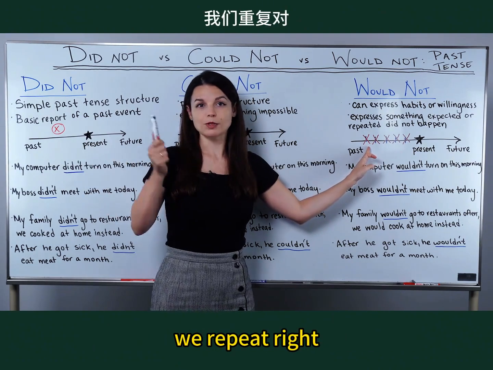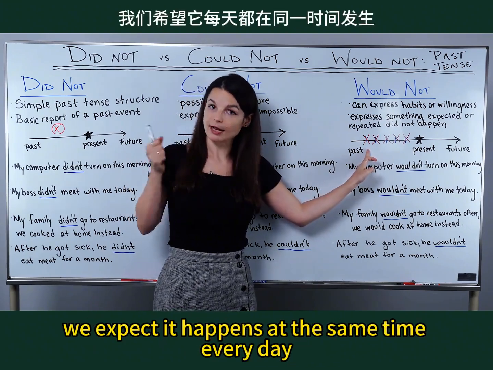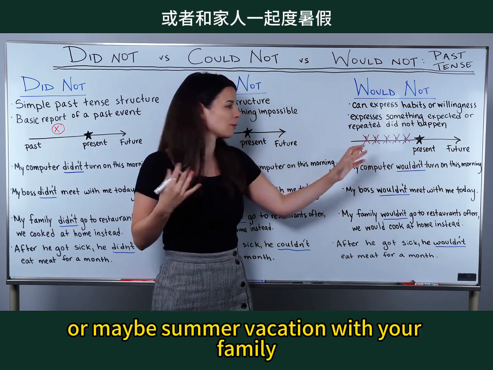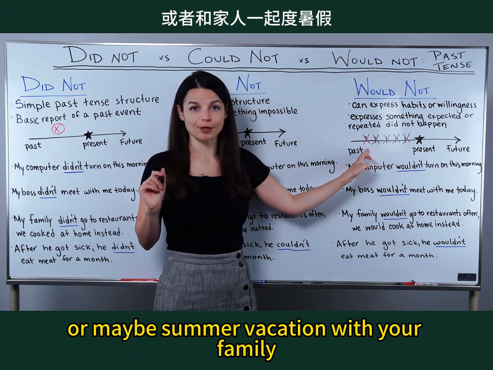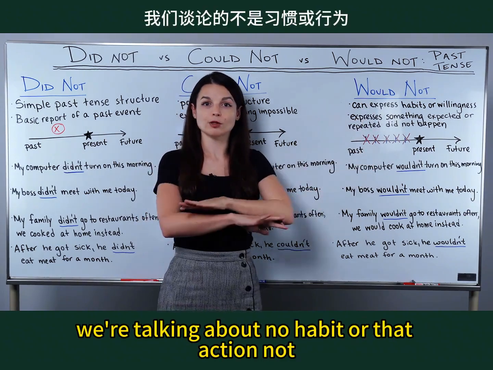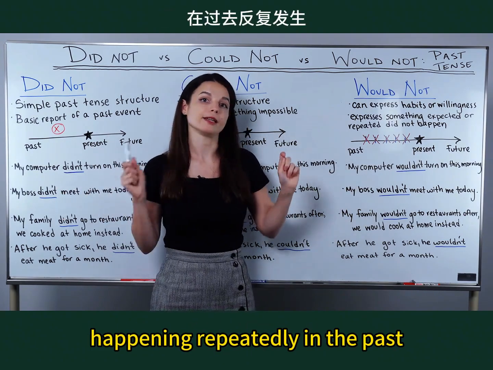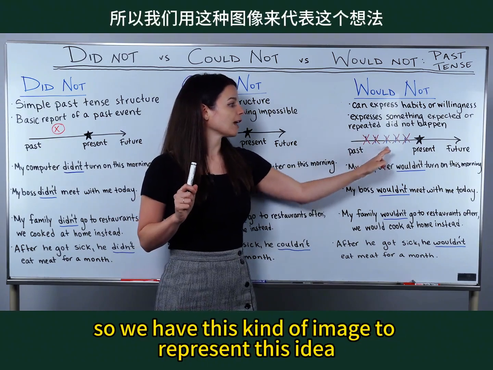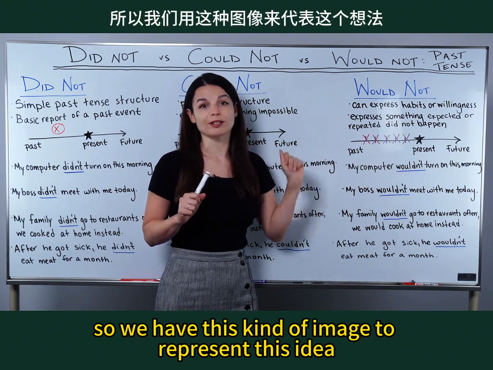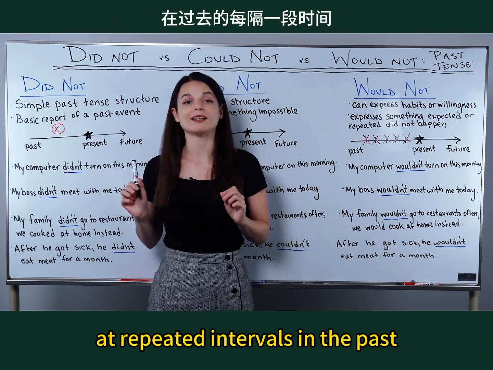We repeat a habit, like waking up every morning and brushing our teeth. We expect it happens at the same time every day, or maybe a summer vacation with your family. The point is, with would not, we're talking about no habit or that action not happening repeatedly in the past.